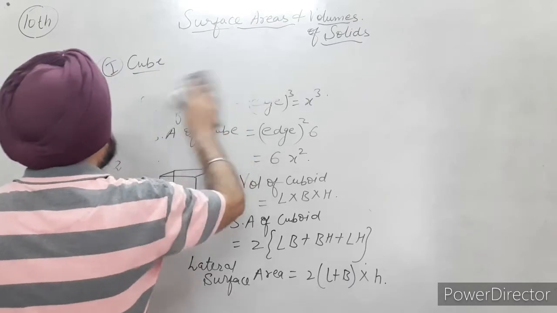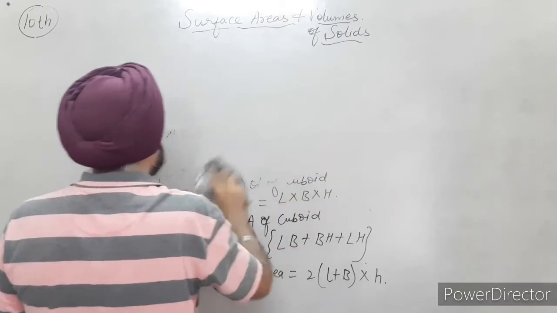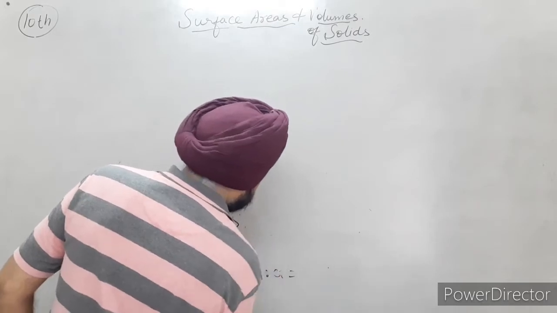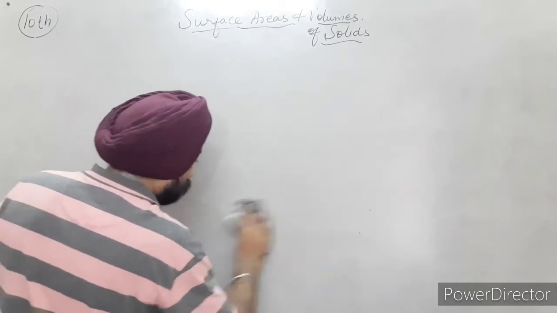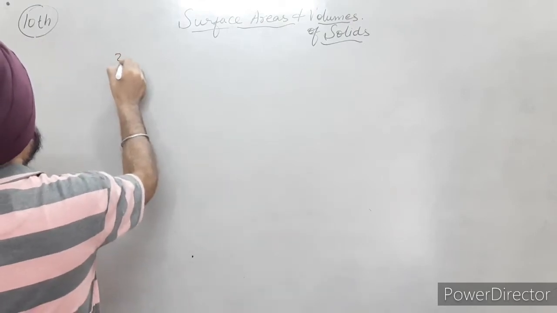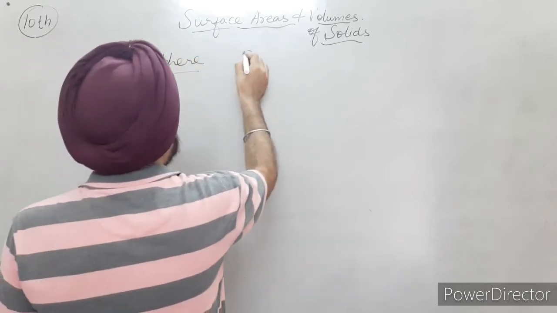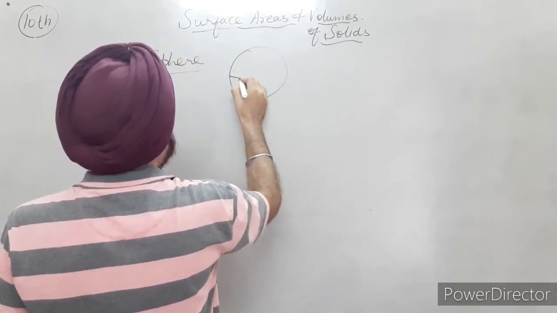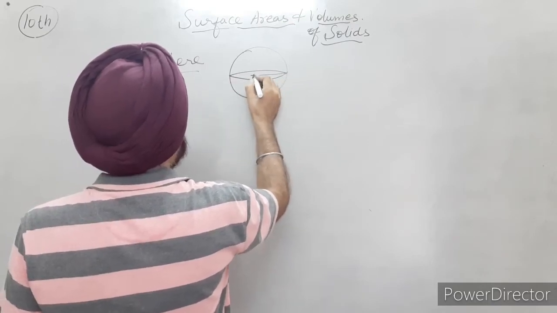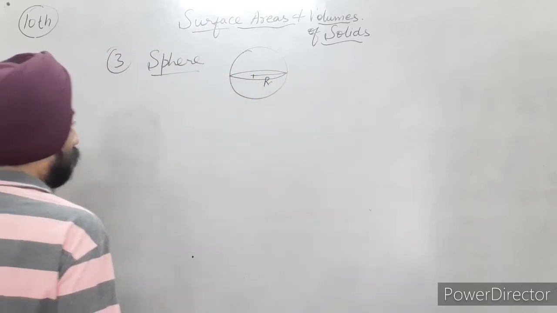Now the third one is a sphere. It's a 3-dimensional circle, like a football. Third solid is a sphere. This is the radius of the sphere.